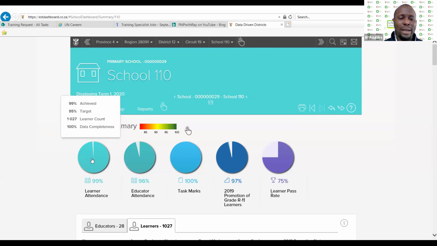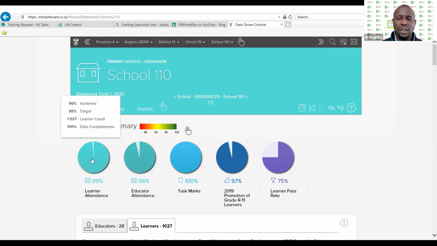Now, the next one is the target. Colleagues, the target is saying what is the target set, and the target can only be set by the department. The department sets targets for each metric. As the target is being set, a school principal might say, okay, the attendance target has been set at 95, and I feel that we can do more than a 95 target, so I would want to increase the target.